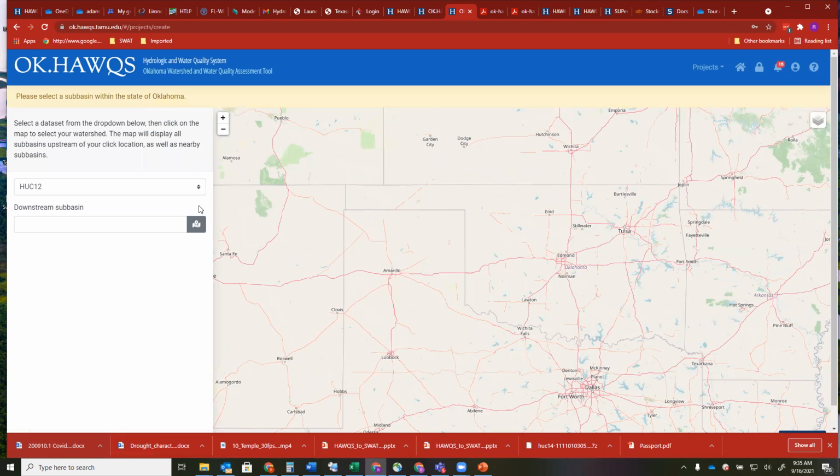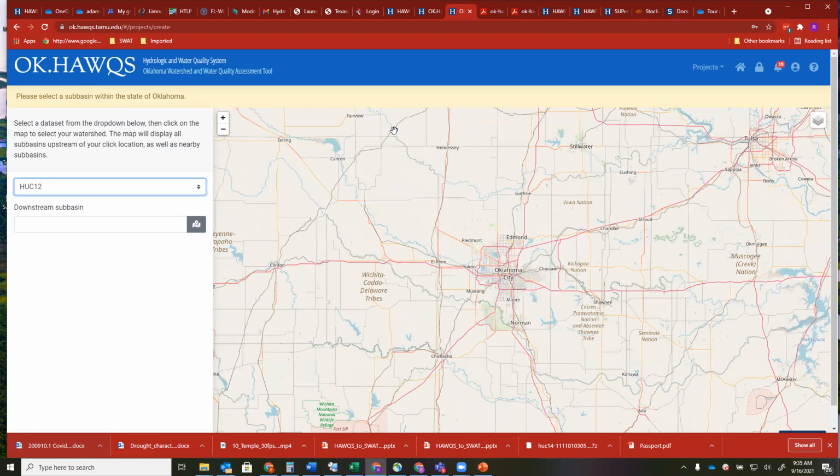And here you can choose whether you want to do that for HUC 12 or HUC 14. So let's say I want to model this watershed here. All I need to do is click on that river.